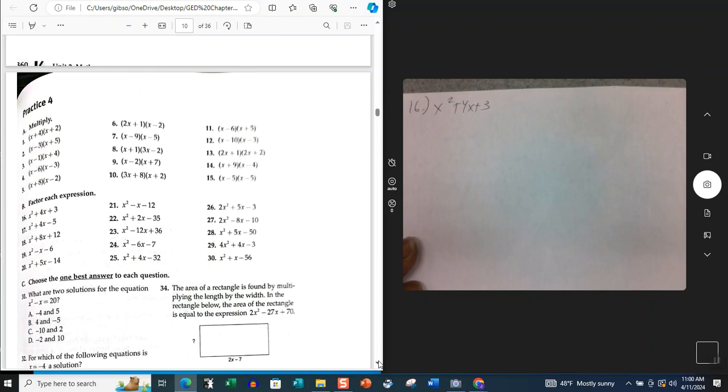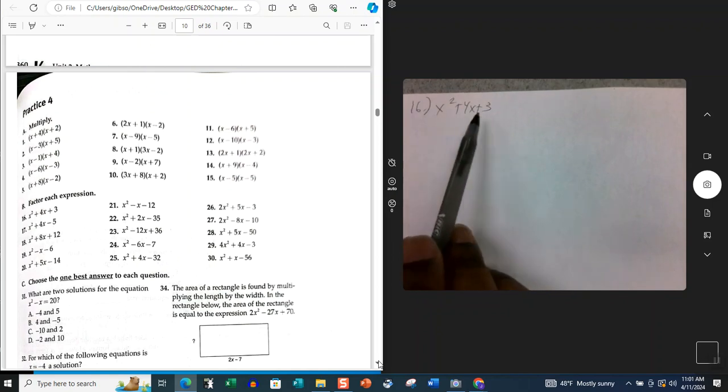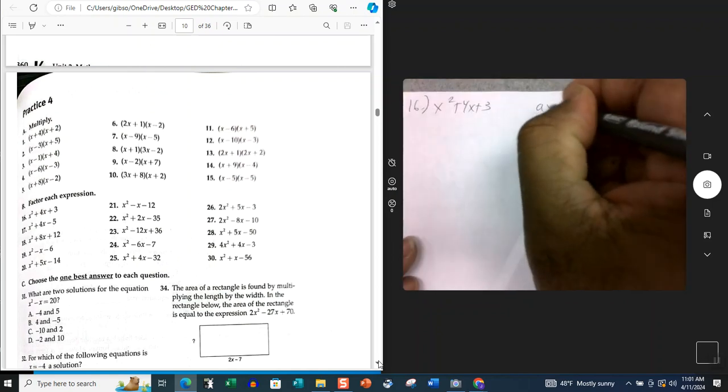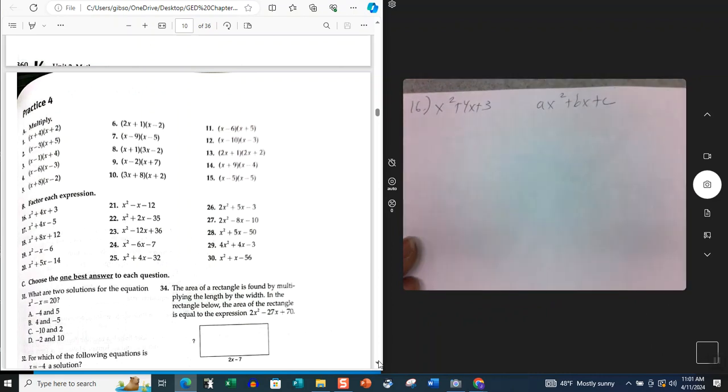Now listen, with problem 16, I'm going to do a lot more than I do with the other problems because I'm showing you how to start this problem. So first of all, this trinomial in its basic form is written as ax squared plus bx plus c.